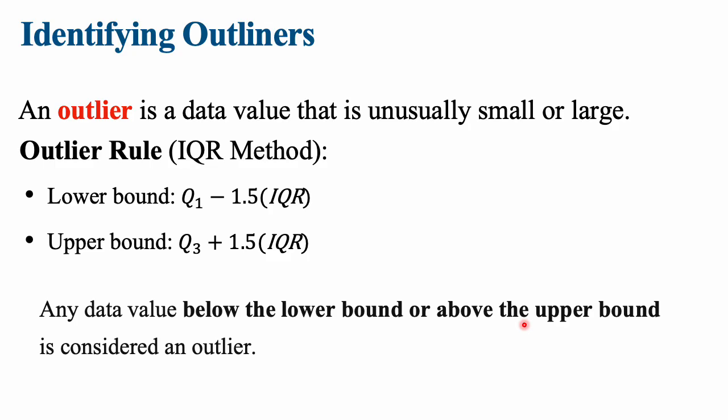That's where you find outliers, guys. I'm going to give an example, but before that, think about the outlier rule. You calculate the IQR first, then find the lower bound and upper bound, then look for data below the lower bound or above the upper bound. That's going to be an outlier.